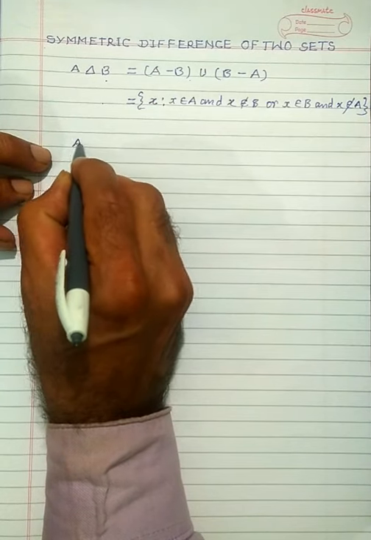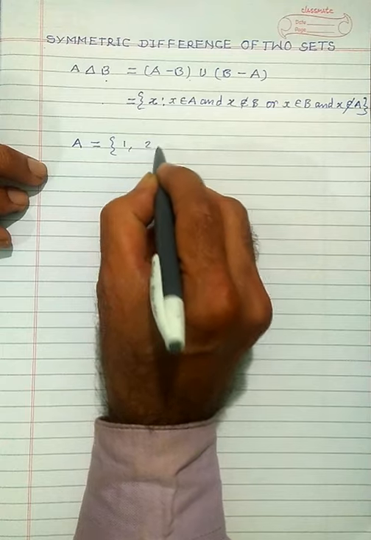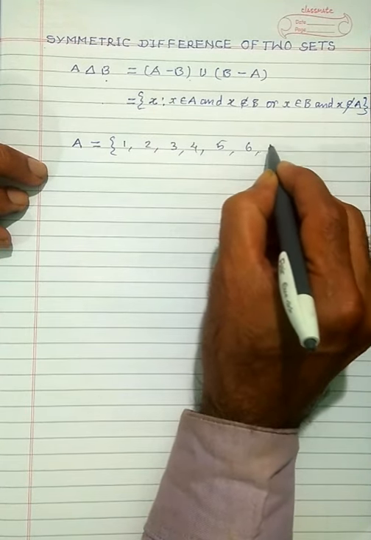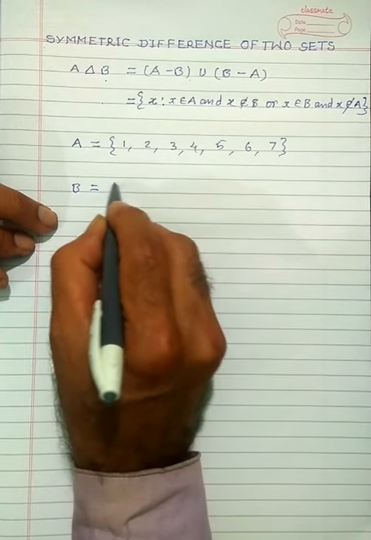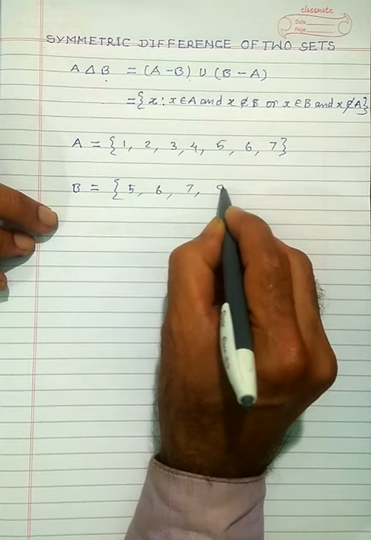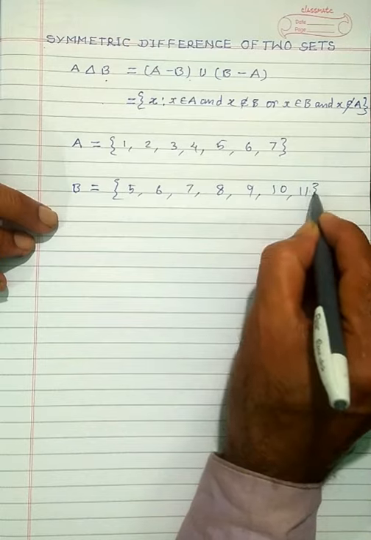Suppose A is equal to {1, 2, 3, 4, 5, 6, 7} and B is equal to {5, 6, 7, 8, 9, 10, 11}.